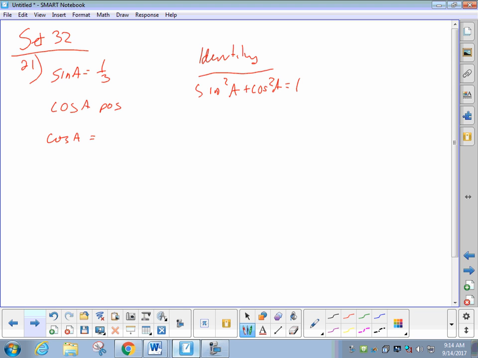Well, sine of A is 1/3, then this is 1/9 plus cosine squared of A is 1. So cosine squared of A is 8/9. So cosine of A would normally be plus or minus 2 root 2 over 3, but they said cosine is positive, so it's just 2 root 2 over 3, right?